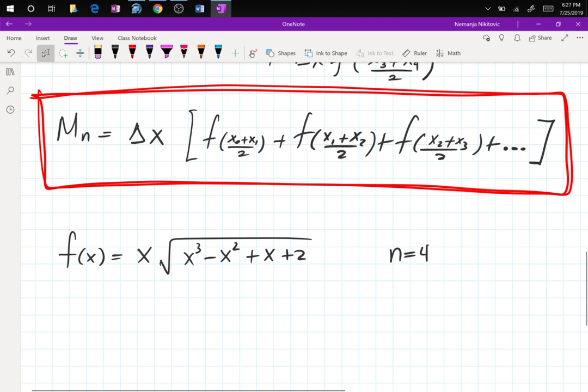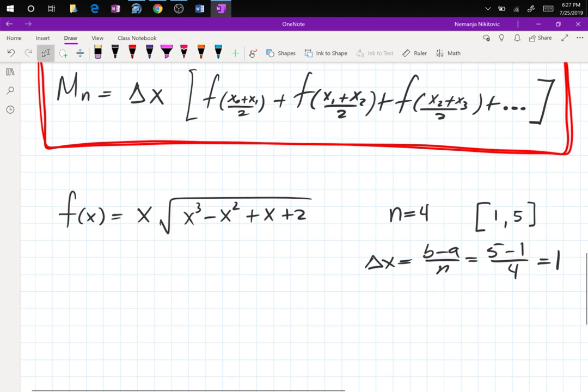Anyway, so now I have my f of x, and I have my n equals 4. And I have my limits given, 1 to 5. So I first calculate delta x using (b minus a) over n, which is (5 minus 1) over 4, which is 1. So my delta x's are all 1.